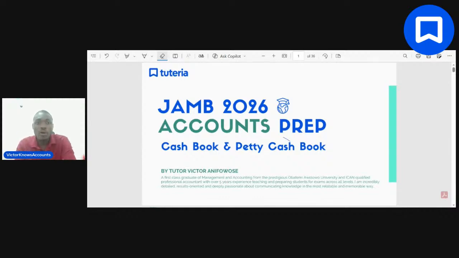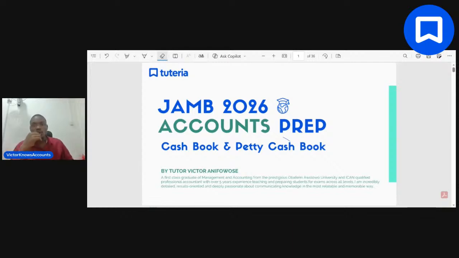So now we are moving to another pretty interesting topic, which is cash book and petty cash book. We want to talk about what a cash book is and what it means for us as people preparing for exams. We'll focus on those aspects that tell us how important it is for your exam preparations.